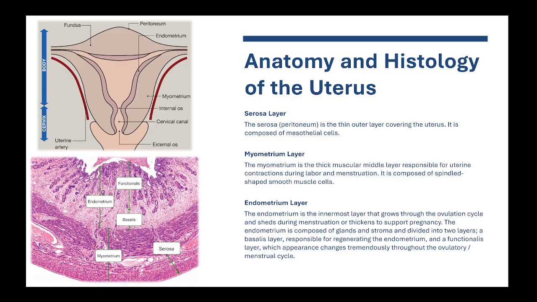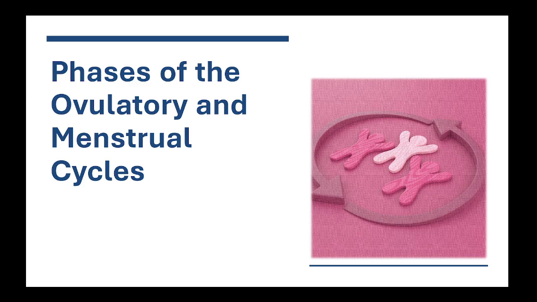The endometrium is composed of glands and stroma, and it is divided into two layers. The basalis layer is responsible for regenerating the endometrium after each period, and the functionalis layer is the layer that will change tremendously throughout the menstrual cycle and the layer that will shed during the menstruation.